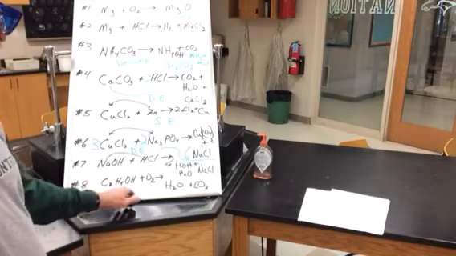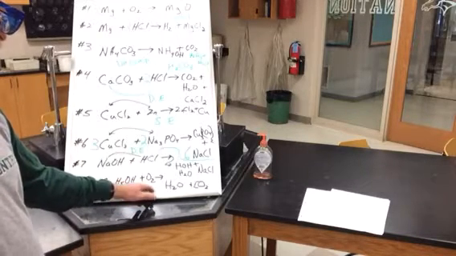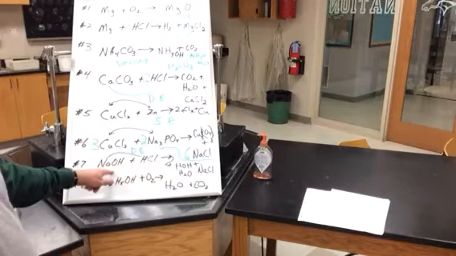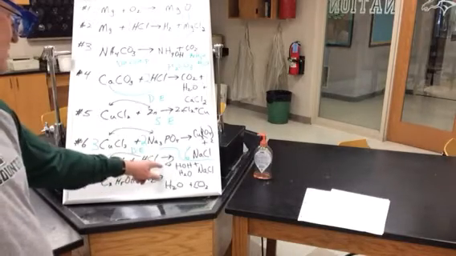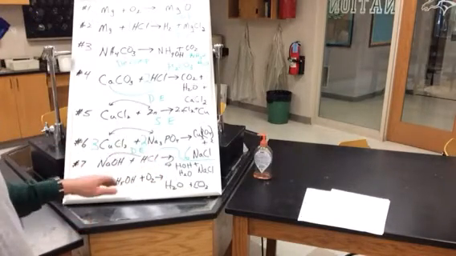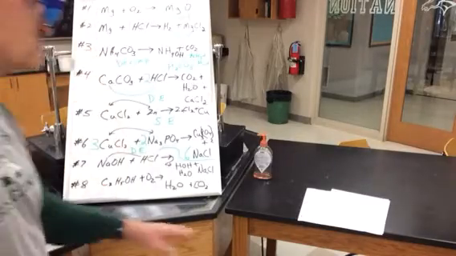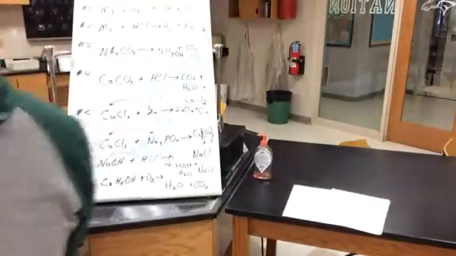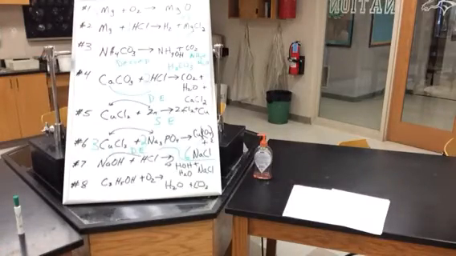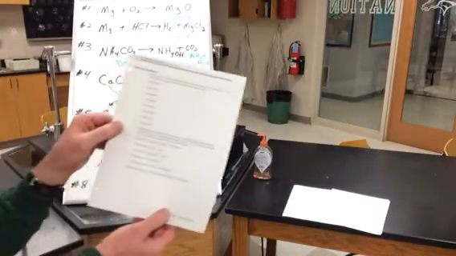So I'm going to let you try and balance that one. We also did not balance number 7, so you go back and check to see if you need to balance that one. And you can balance number 8 as well. So this is information that you should all have down on the second page.